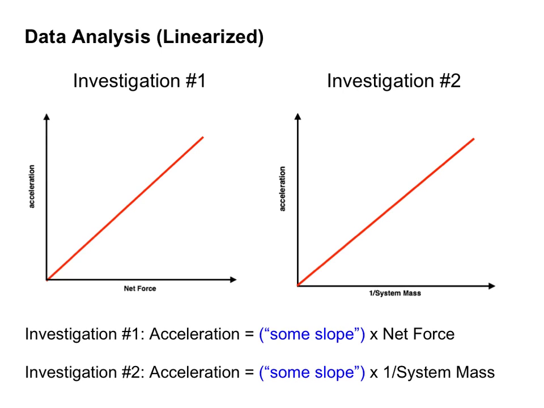After straightening out the latter graph, we were able to straighten out the acceleration versus the 1 over system mass graph to give us a straight line. So we knew that from the first investigation, acceleration was equal to some slope times the net force. And then we also knew from the second investigation that acceleration is equal to some slope times 1 over the system mass. Remember, we had to straighten it from being a hyperbola.